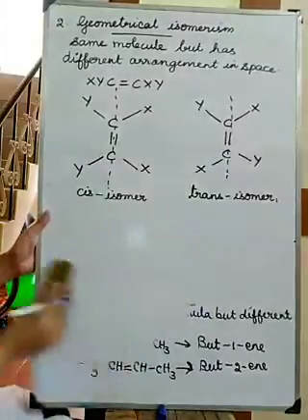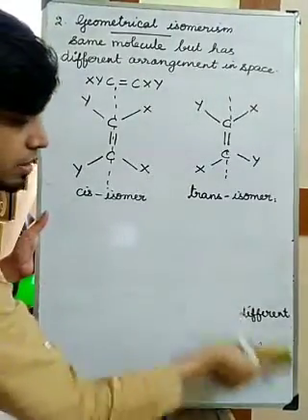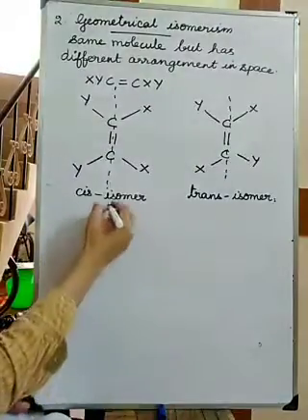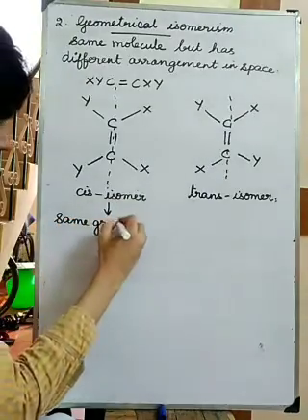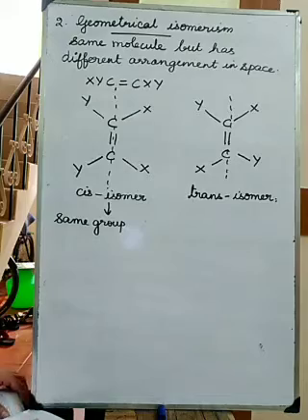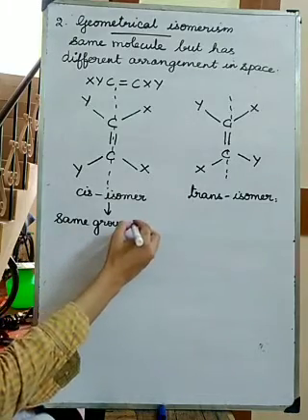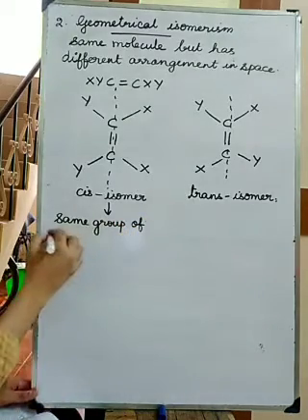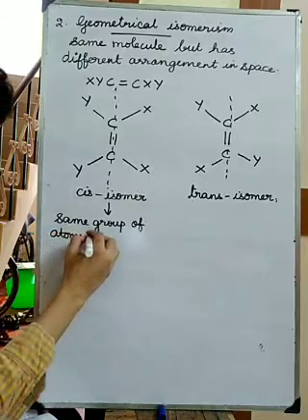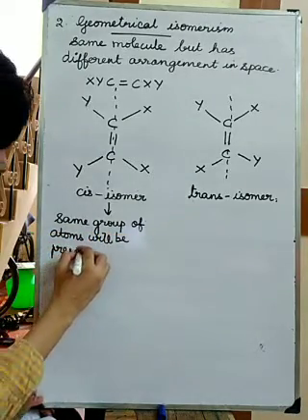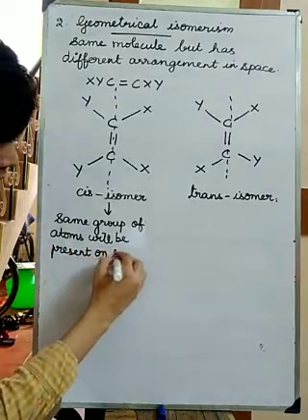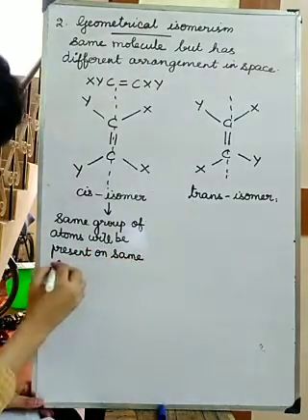So what is the cis isomer and what is the trans isomer? Cis isomers means the same atom or same group of atoms will be present on the same side.